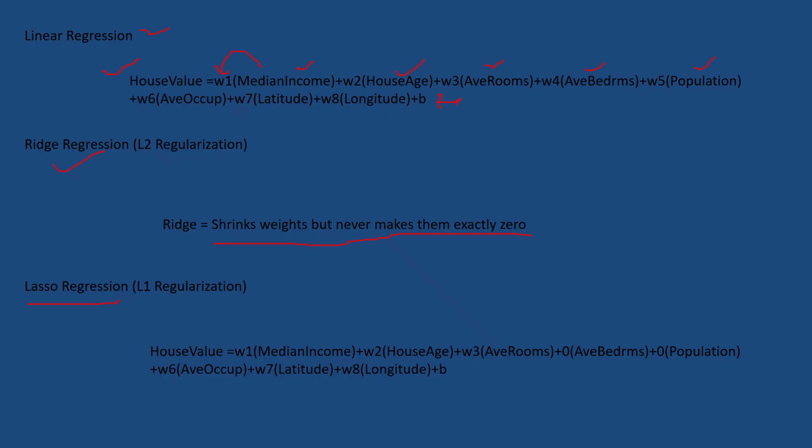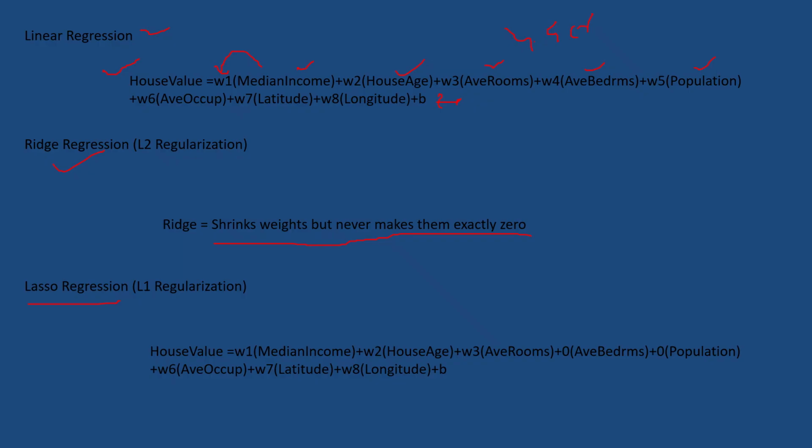So let's take an example. If I go for linear regression, and let's say the prediction is 4.5 crore. That means we already know it already used 8 features.